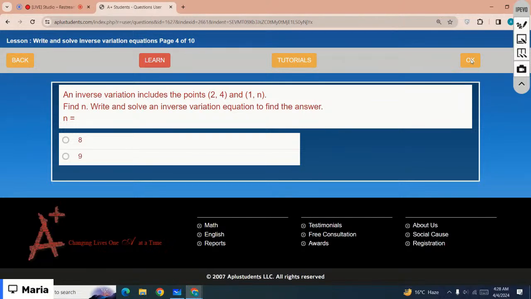An inverse variation includes the point 2, 4 and 1, n. Find n. Write and solve an inverse variation equation to find the answer.